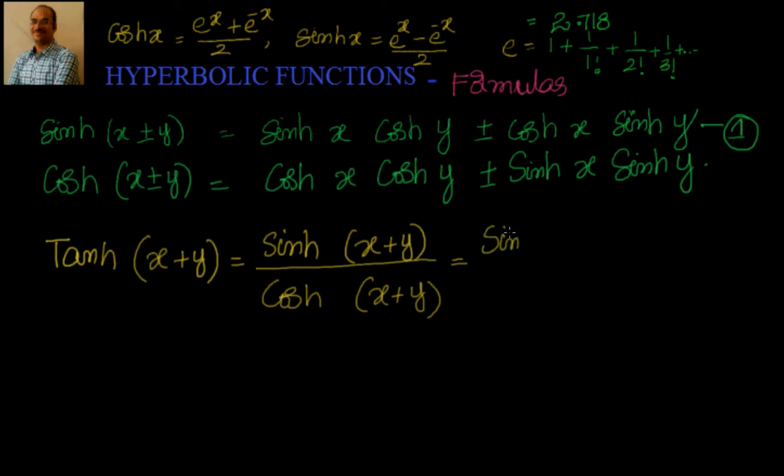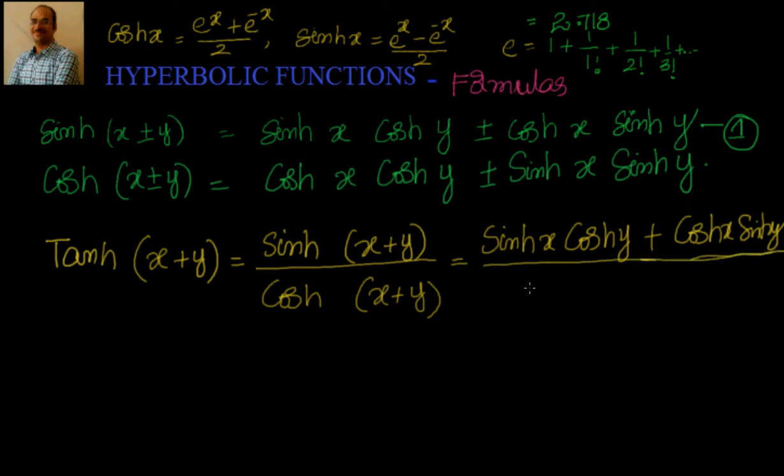Sinh x cosh y plus cosh x sinh y, divided by cosh of x plus y, which is cosh x cosh y plus sinh x sinh y.